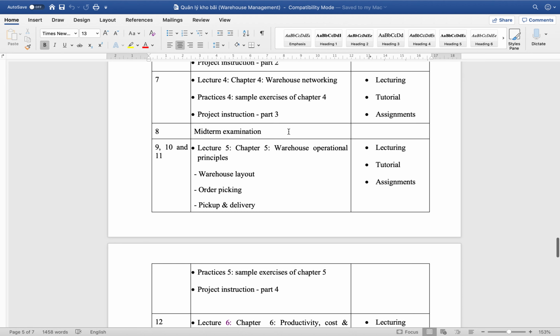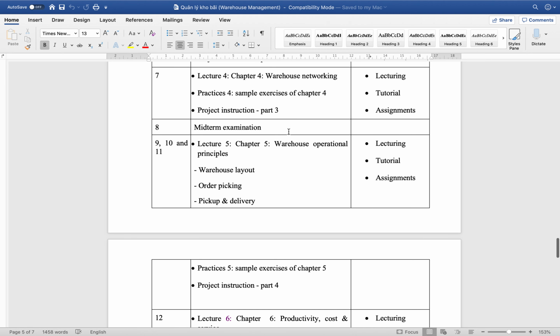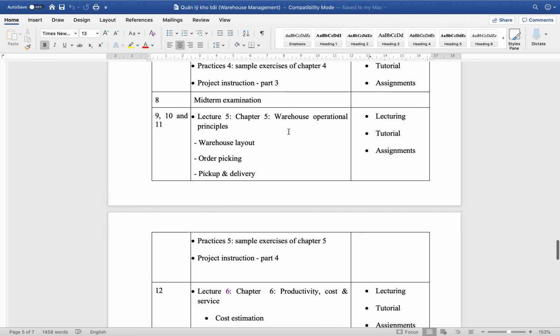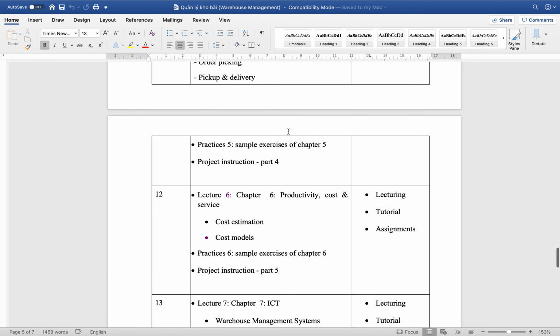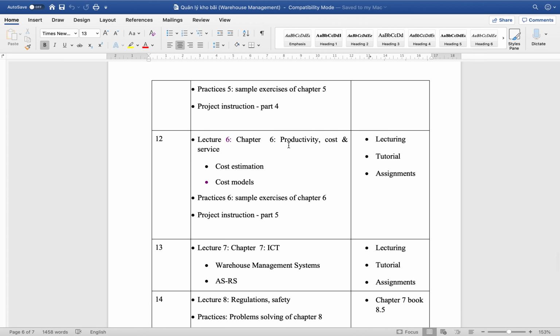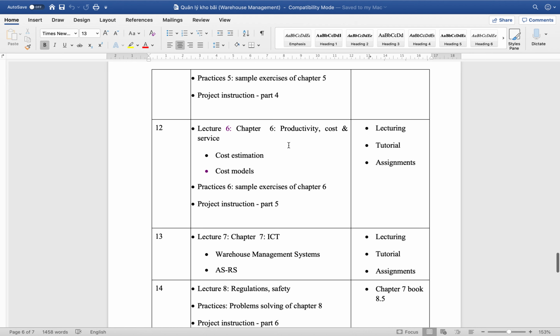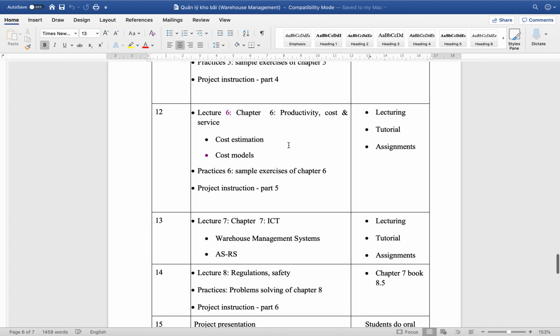And chapter 5 will take place after the midterm exam, and it will last for 3 weeks, about warehouse operation principle. And then chapter 6, which is about productivity, cost, and services in a warehouse, only lasts for 1 week.